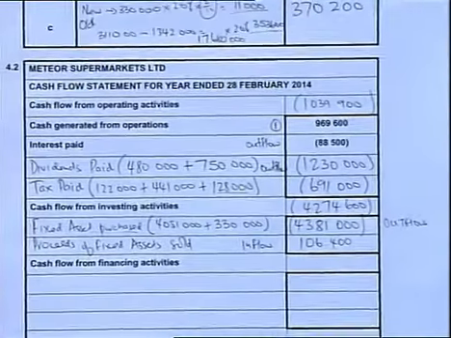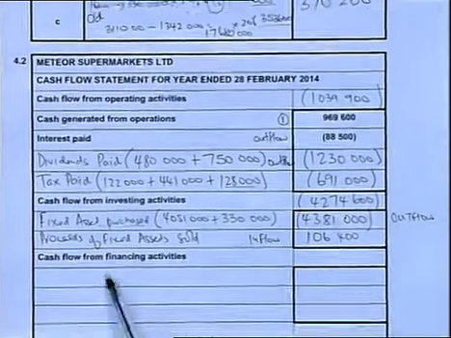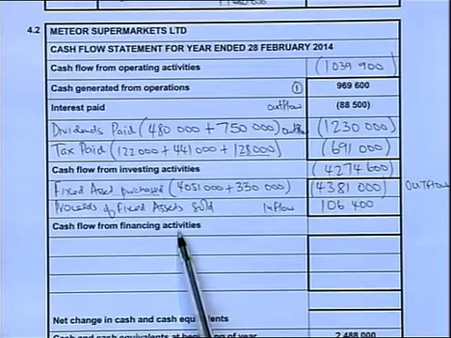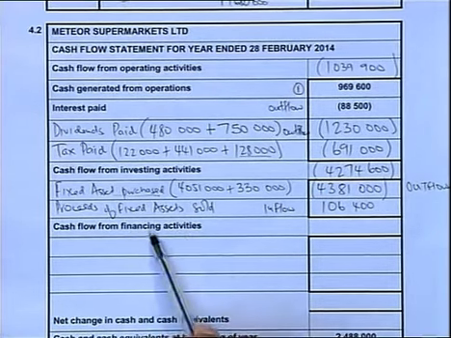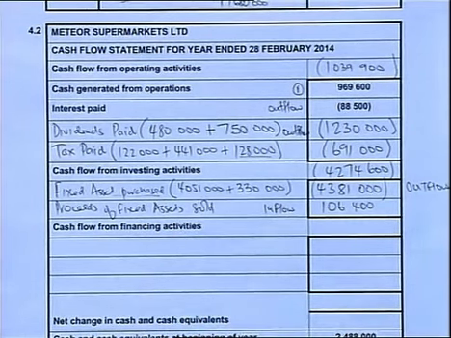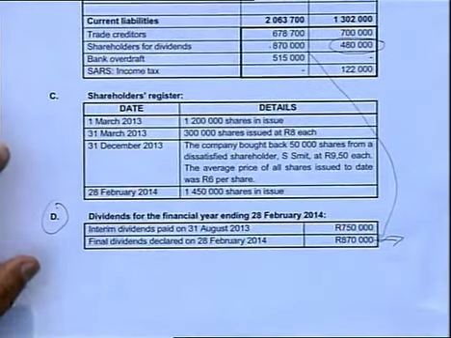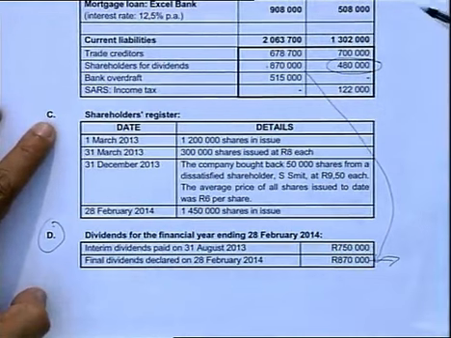Okay, so far we have two parts of the cash flow. In the easier part, or the item at the bottom, which has got to do with cash flows from financing activities, we need to look at the shares, and we need to look at the increase or the decrease of the loan. So for that we need to go back to the part of the question where they talk about shares. So that will be the letter C. They give you the shareholders register.